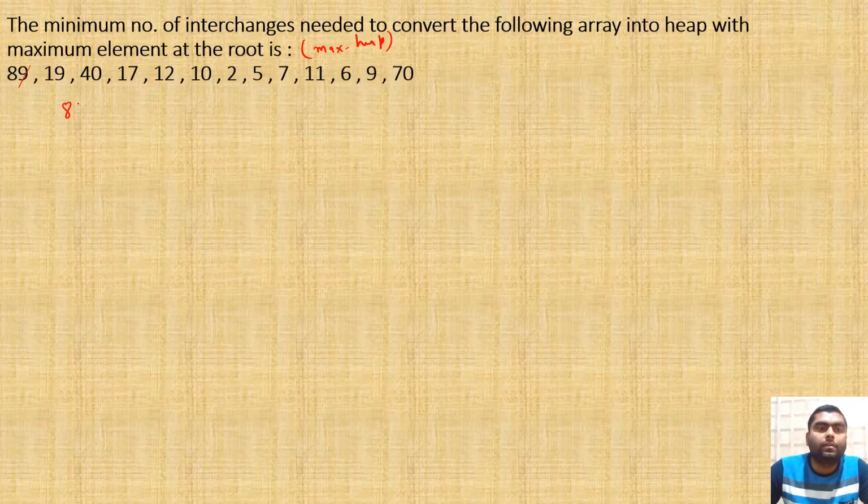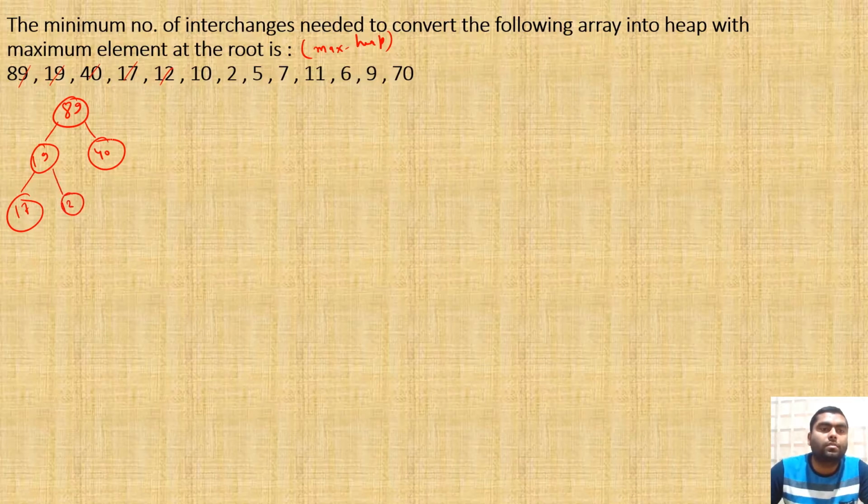So 89. Then we have to count the number of interchanges. Next is 19, so no interchange. Next is 40, no interchange. Next is 17, no interchange. Then next is 12, no interchange. Then next is 10. In the case of 10 also it is a max heap only, and in case of 2 also it is a max heap.